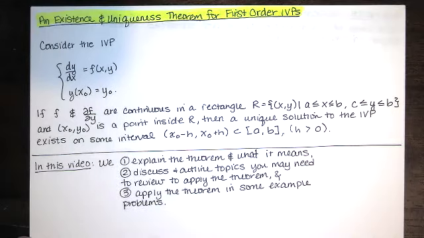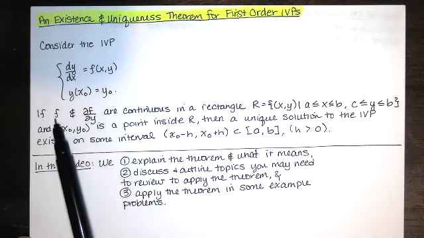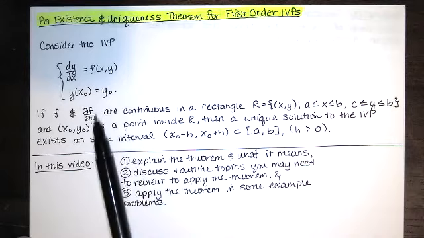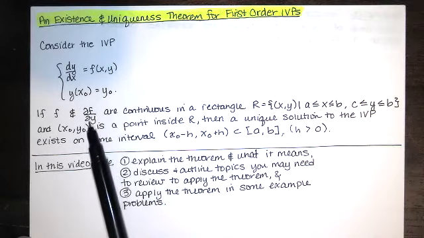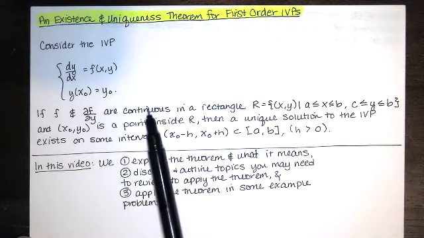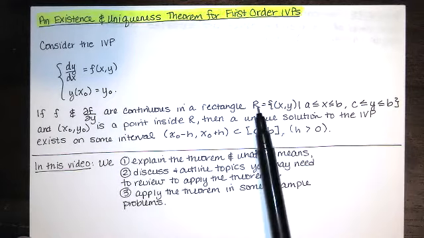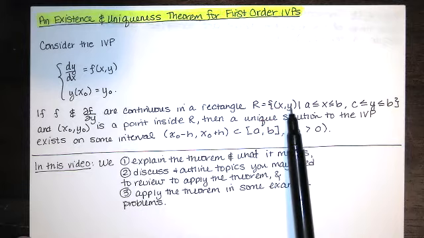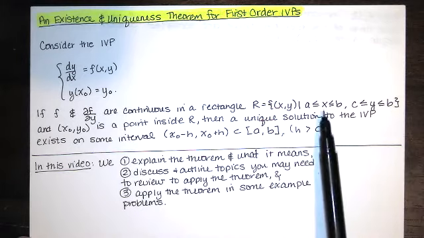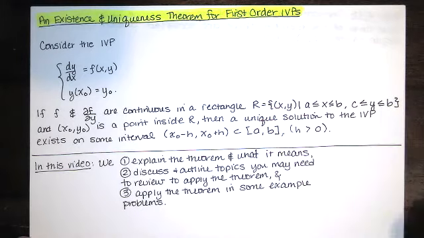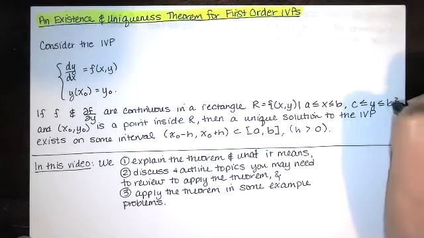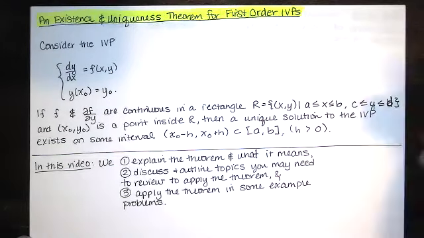Now this says if f, that's the function on the right-hand side, and the partial of f with respect to y are continuous on a rectangle R, which consists of all the points x, y in the xy plane, such that x is in this interval and y is in this interval. Oops, that should not be a B, it should be a D. Sorry.